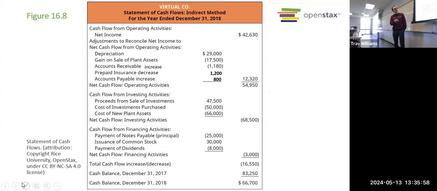However, from investing, we had more cash going out than came in. And the reason was basically we made some purchases. And from financing, we had more going out than coming in because we paid down some debt and we paid out some dividends, right? So that helps them understand what we're spending money on and how much money came in and went out. Right? Any questions so far?